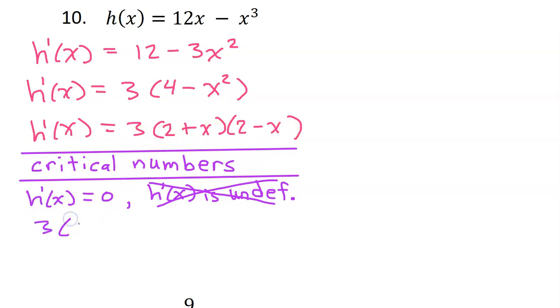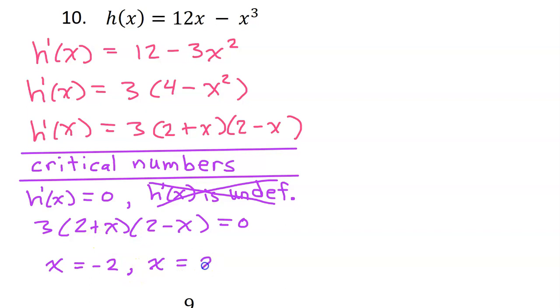If we set 3 times 2 plus x times 2 minus x equal to 0, we get x is equal to negative 2 from this first factor, and we get x is equal to positive 2 from the second factor. So these are the two critical numbers.